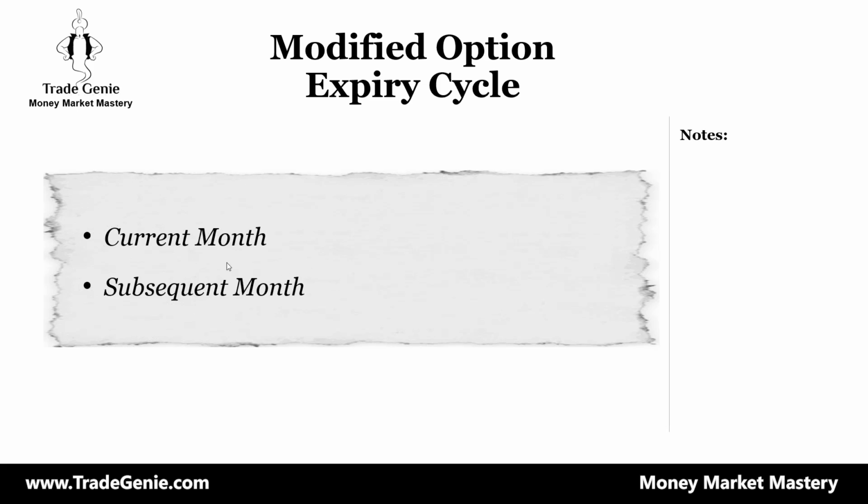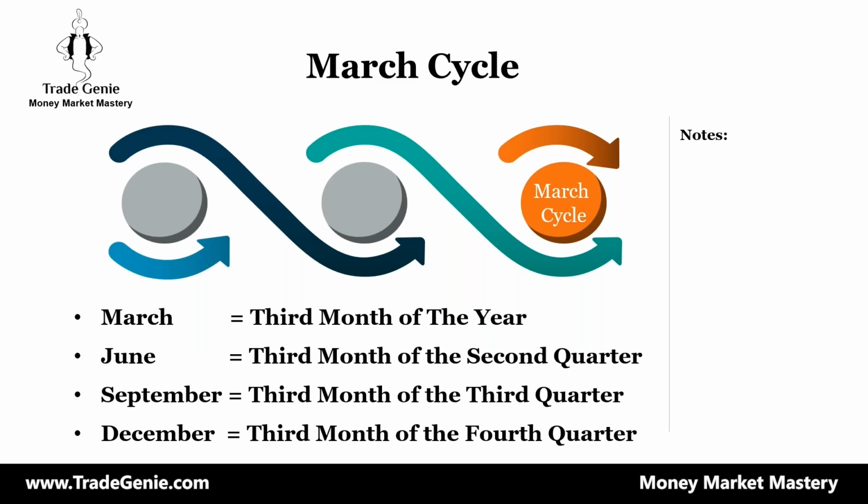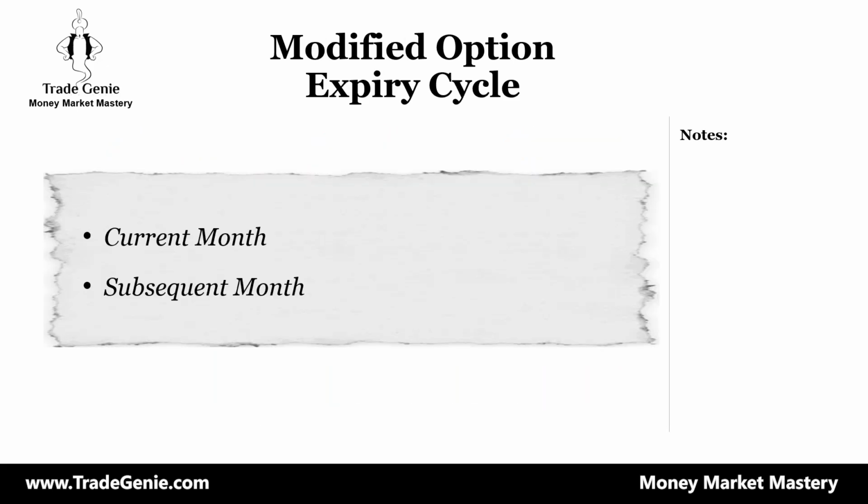So December came because of its cycle. It's assigned to the March cycle, and it so happened that it's the current month, so it's showing up there. But the subsequent month, January, you're seeing it because that's the rule. The subsequent month must be available.